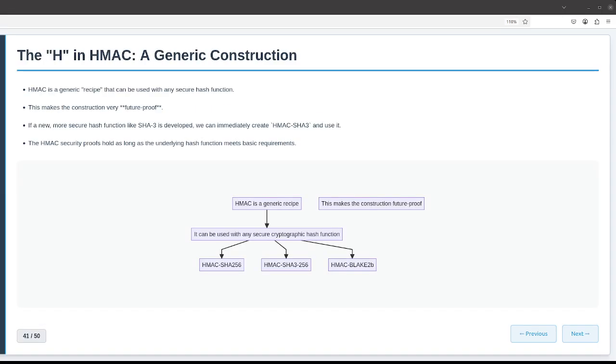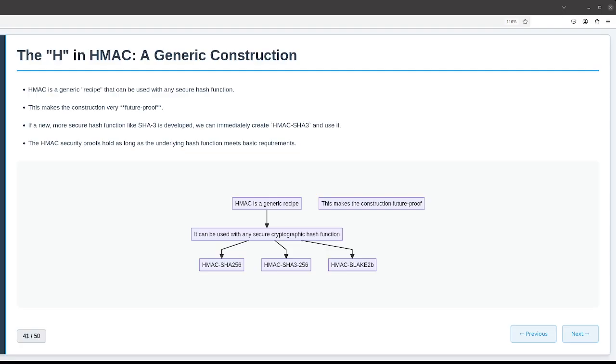The letter H in HMAC, a generic construction. It is important to remember that HMAC is a generic construction. It is a recipe that tells you how to build a MAC using any cryptographic hash function. While we have been using SHA 256 as our main example, you could theoretically create HMAC SHA3-256 or HMAC Blake2b.